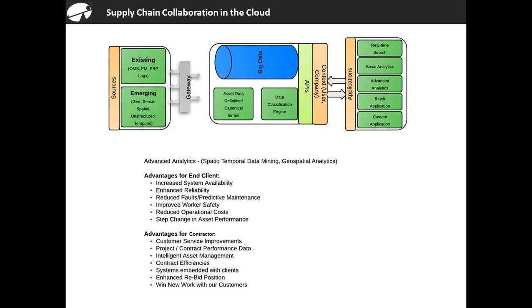And then one of the main components, as you can see, is a canonical format. And then there's a classification engine. What the classification engine does is it uses classification standards that we have, and it tries to derive intelligence out of the data. And the asset canonical format is essentially our internal language, if you will.